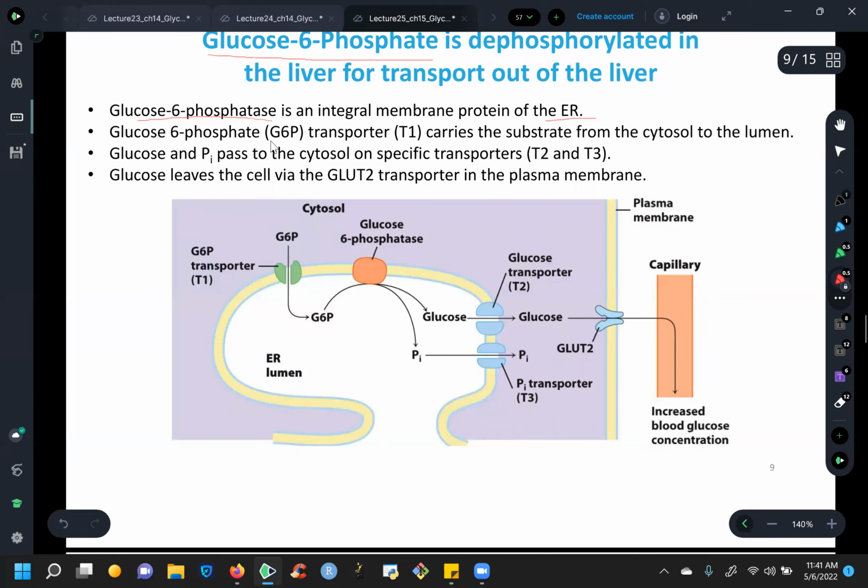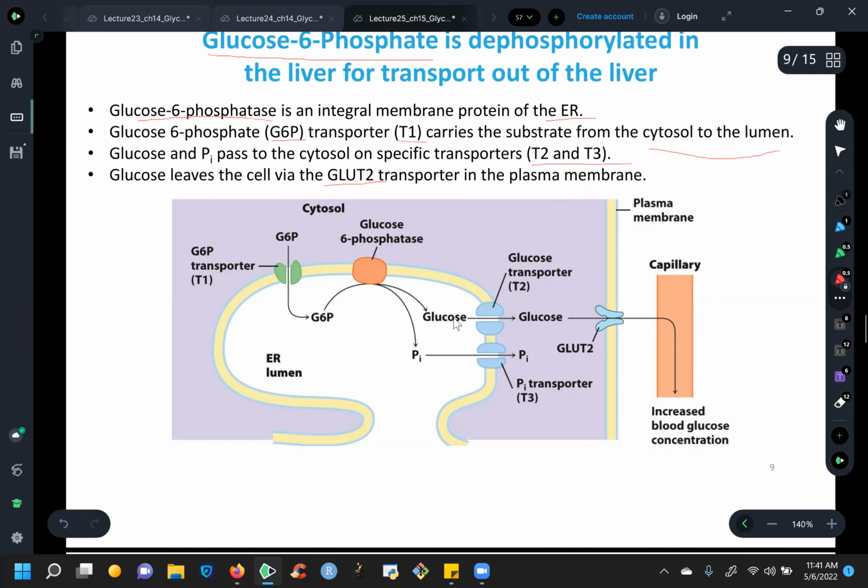Glucose 6-phosphate transporter 1 carries the substrate from the cytosol to the lumen. Glucose and phosphate pass to the cytosol on specific transporters, transporter 2 and 3. And glucose leaves the cell via the GLUT2 transporter in the plasma membrane.